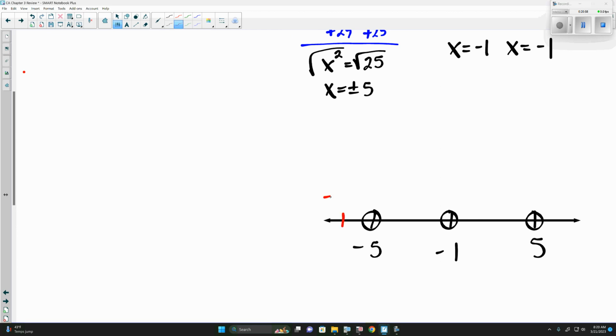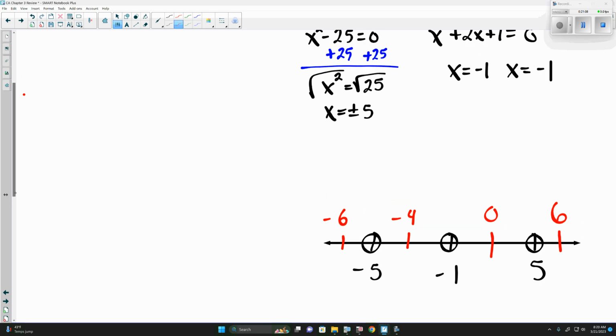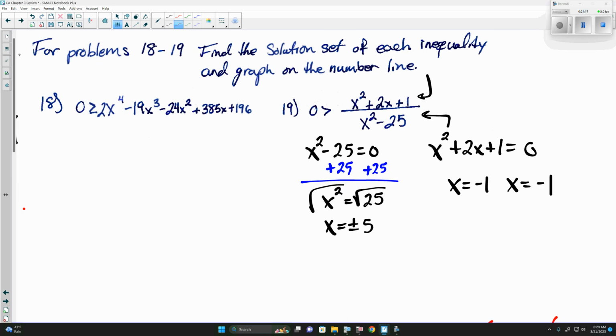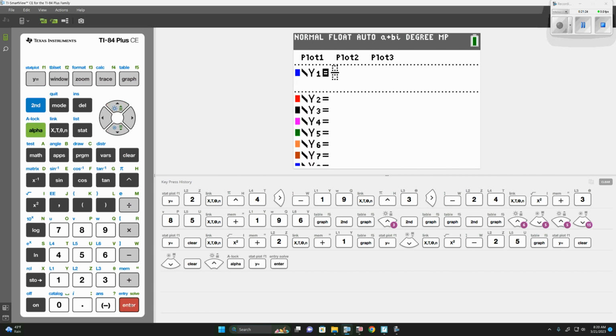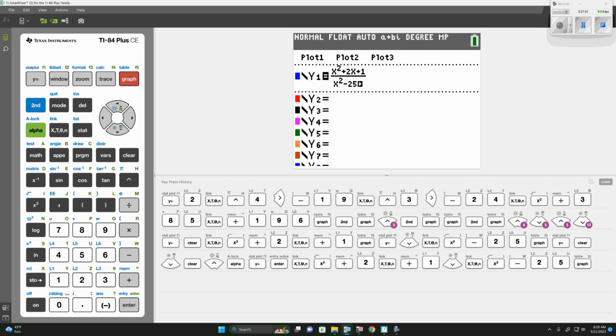Now we do need test points, so -6, -4, 0, and 6. And at this point here, we can plug each one of these in and see which one of these will make a true statement. At this point here, we can type it in, x squared plus 2x plus 1 over x squared minus 25.